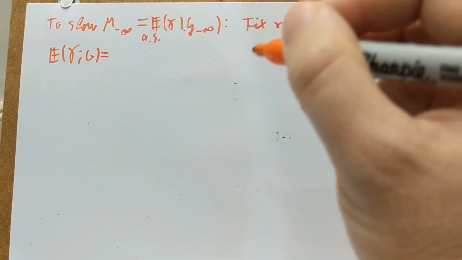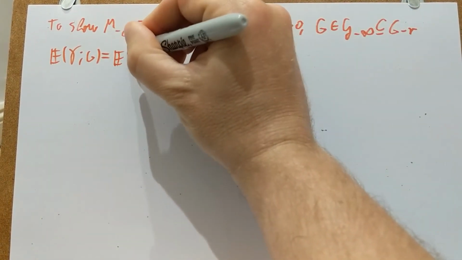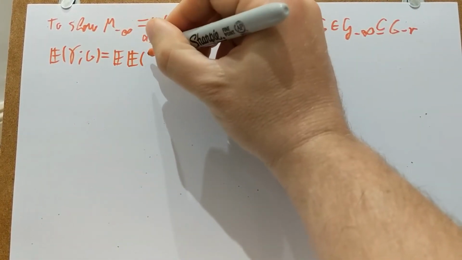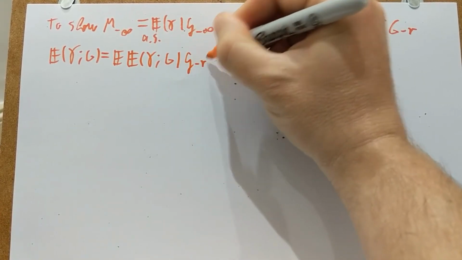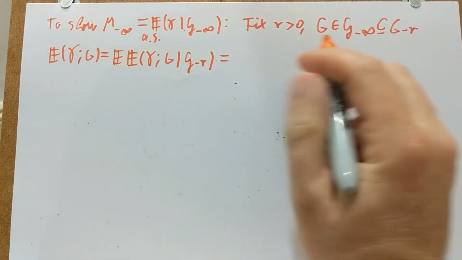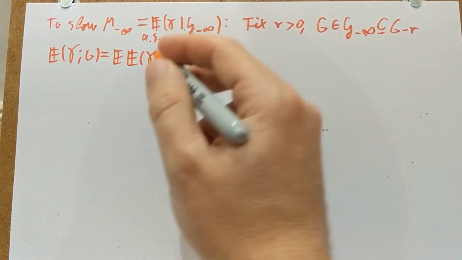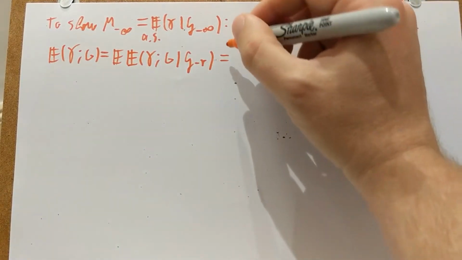The expectation of gamma on G. I can do a tower rule. Again, these steps are similar to those we have seen before. I can condition on G_{-r}. G is in G_{-r}, so this indicator is measurable with respect to G_{-r}. It can go in and out of the expectation.